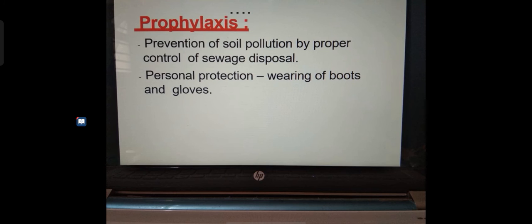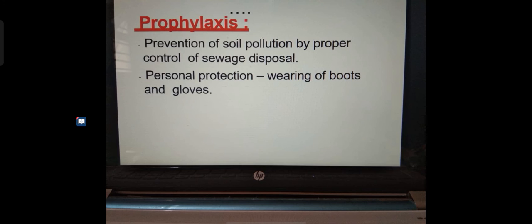For prophylaxis of this infection, prevention of soil pollution by proper control of sewage disposal. We can prevent soil pollution by controlling sewage disposal. And we have to give personal protection, wearing boots and gloves.